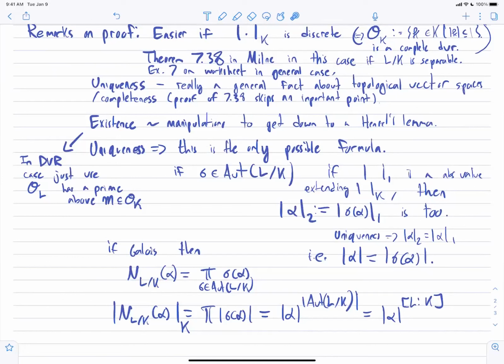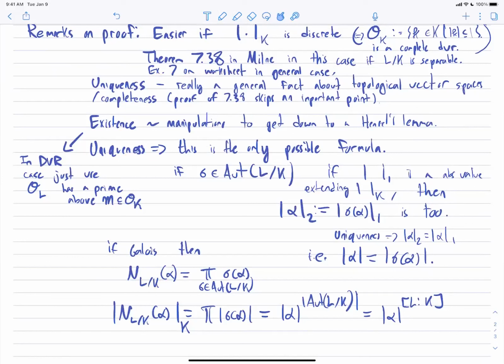And that gives you an absolute value. You could also argue uniqueness algebraically from here, and completeness, I already said, simplifies. So, you can look at theorem 7.38 if you want more details on that case. You can look at exercise 7 on the worksheet if you want to understand the general case.